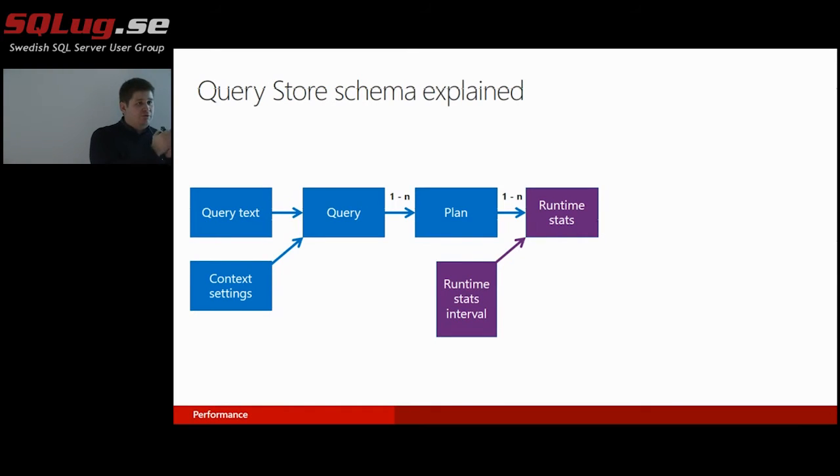How many rows were sent as the result, because sometimes the query may return just one row, and from the next execution it could return millions of rows, and the plan can be different, should be different at least. The last view is called runtime stats interval, which describes the interval in which statistics are being kept.